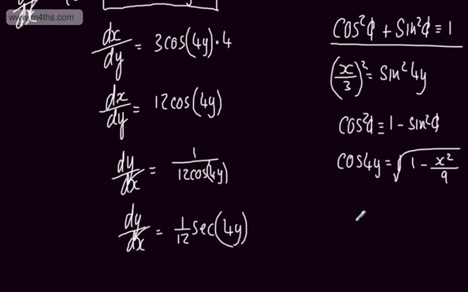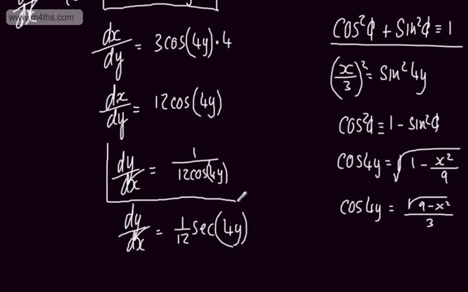So at this stage, tidying this up slightly, cos 4y will be, just combining the fractions, the square root of 9 minus x squared all over 3. All I've done is combine the fractions and taken the square root of 9. So at this stage right here, we can pick up dy by dx and simply sub in.